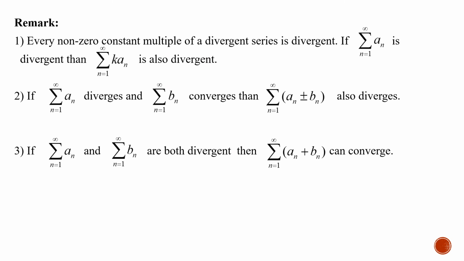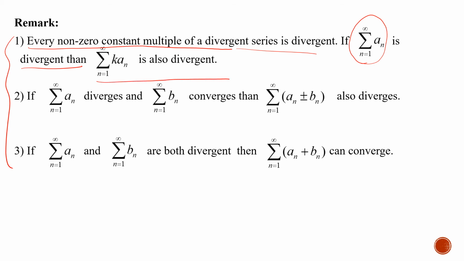Okay, so it is important to have these remarks. Every non-zero constant multiple of a divergent series is divergent. That is, if this series is divergent, then if you multiply this with a constant, this will also be a divergent series.